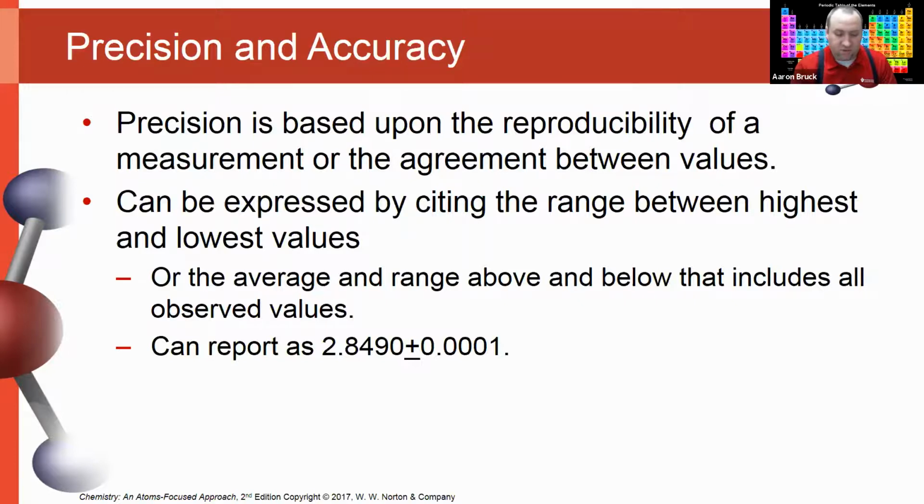So I take an object like this pen, measure it on a balance several times, record all the measurements, and see what kind of range I get. The highest value and the lowest value, we subtract those from each other, and that gives us a tolerance, a range. So that's what this plus-minus refers to. This is something called a tolerance.